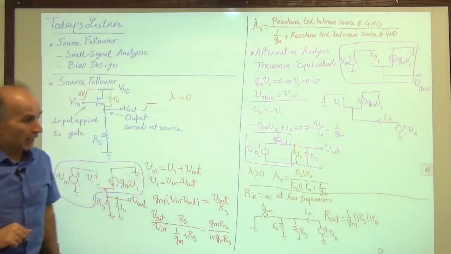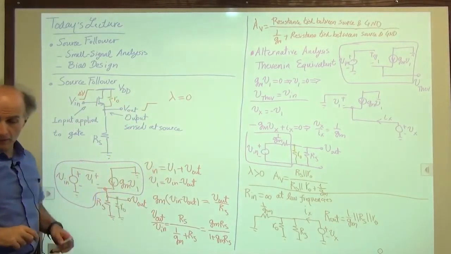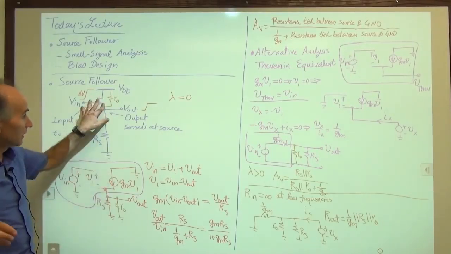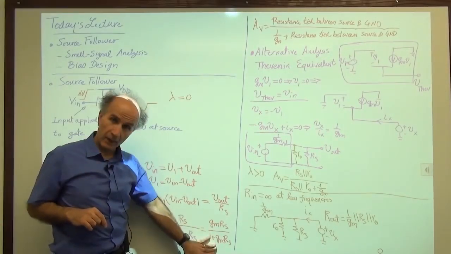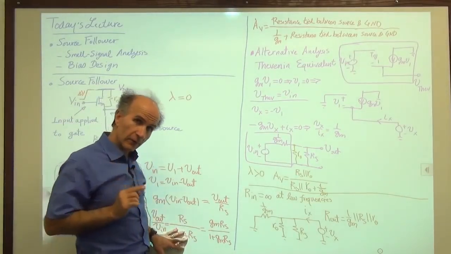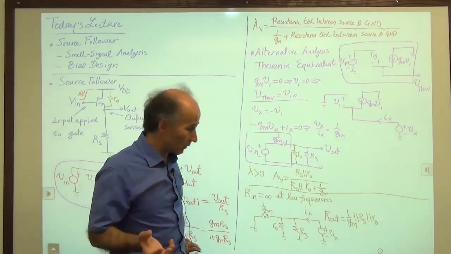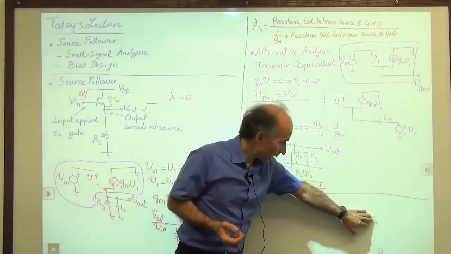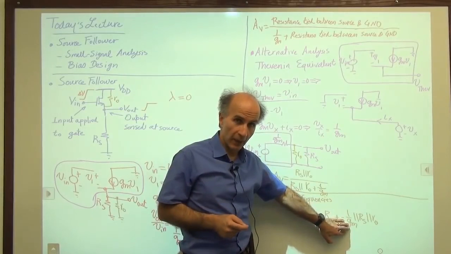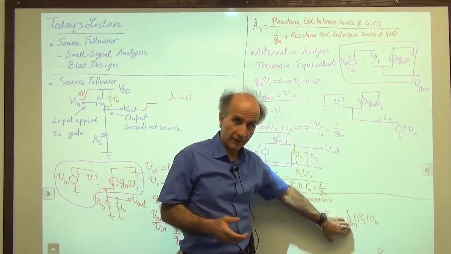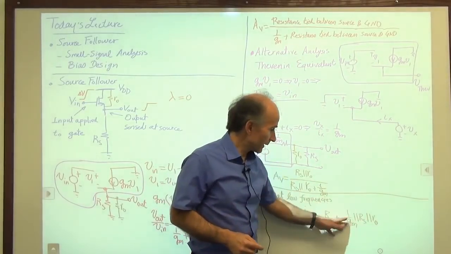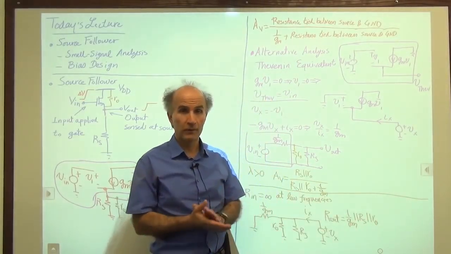Very well. Now that we have seen these, we can make a quick observation. The voltage gain of the source follower is less than 1. The output impedance of the source follower is relatively low. 1 over Gm in parallel with some other resistances, probably 1 over Gm dominates. It's a small resistance compared to these two values, typically, hopefully. So we can say that the output resistance is relatively low.